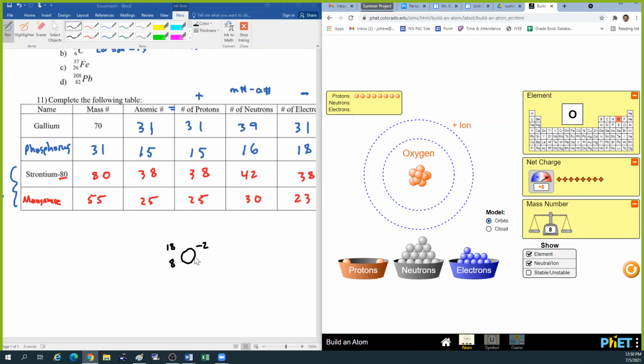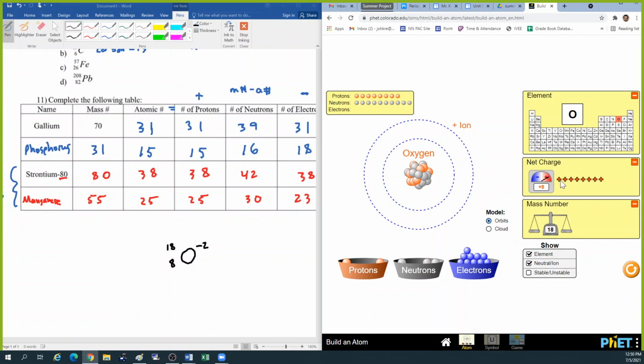Now this specifically needs 10 neutrons to be the isotope that I made. 1, 2, 3, 4, 5, 6, 7, 8, 9, 10. So there's my nucleus. If you look at the mass number in this little box, it weighs 18, just like I wanted it to.